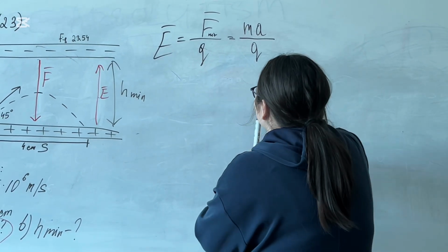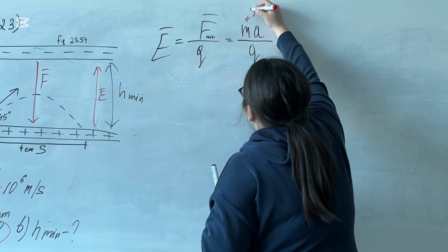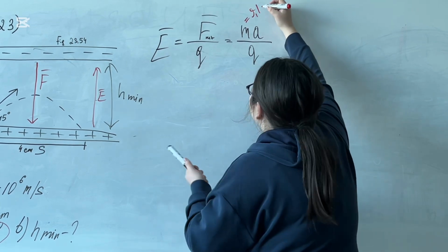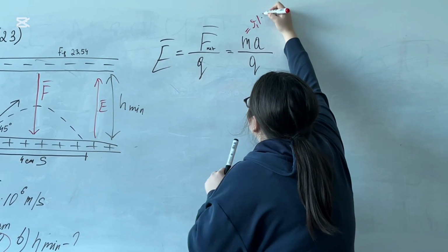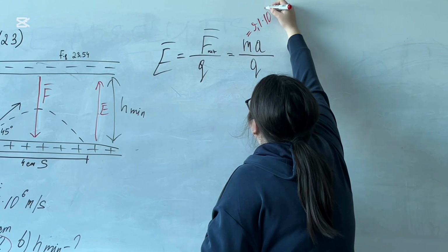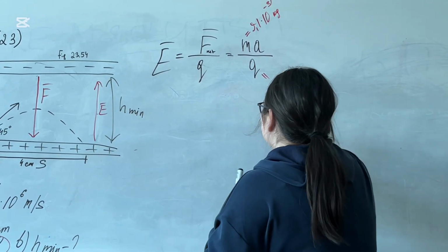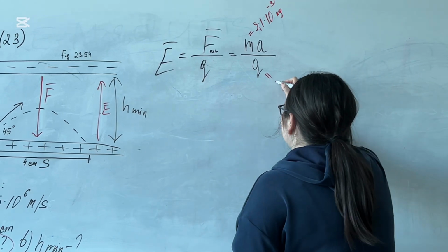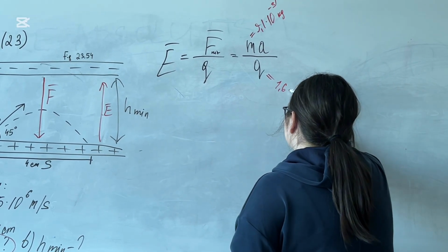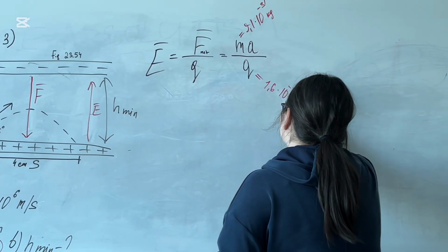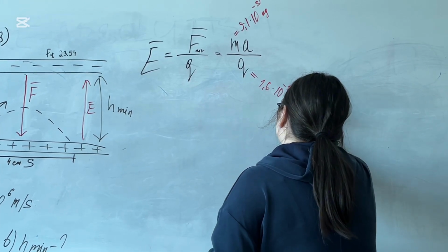We know the mass of an electron is equal to 9.1 times 10 to the power of minus 31 kg. And the charge is equal to 1.6 multiplied by 10 to the power of minus 19 coulomb.